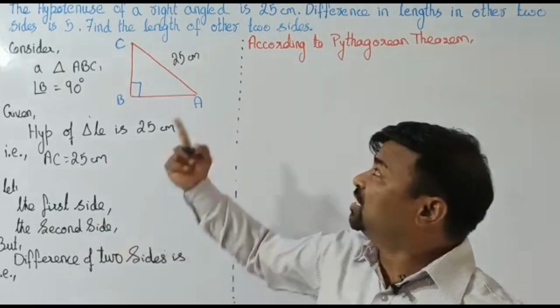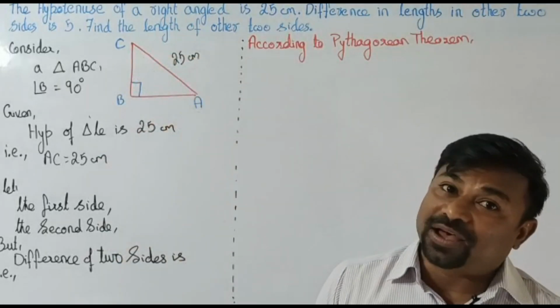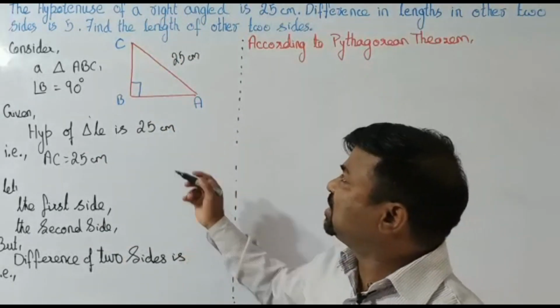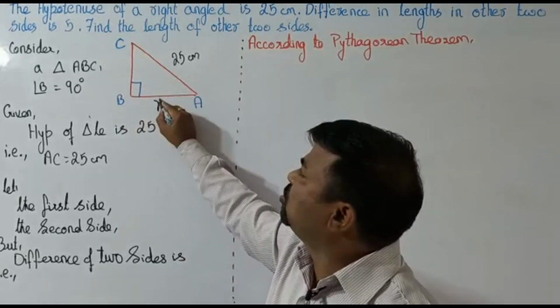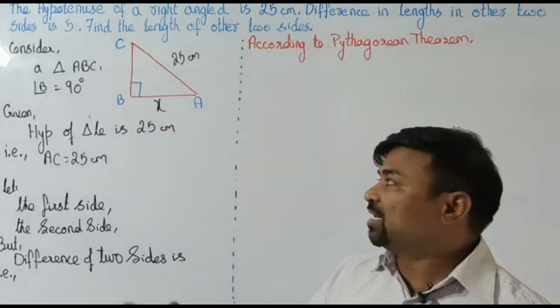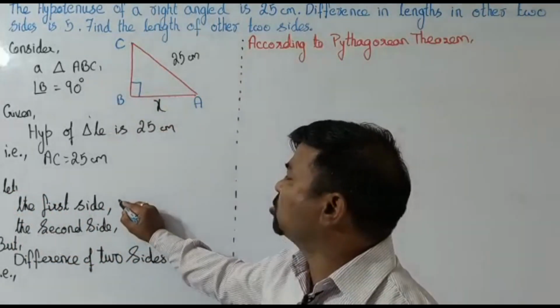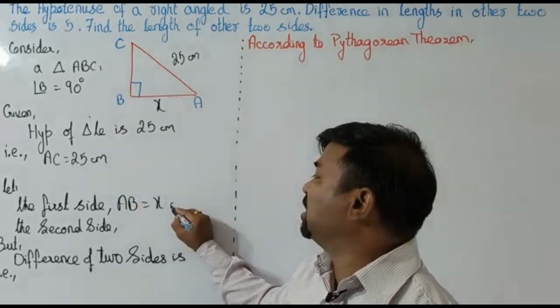Now, obviously, when you have three sides, one of the sides I am taking as 25. We have two more sides now. If I take this side as x units, that is the first side. Let the first side AB be equal to x centimeters.